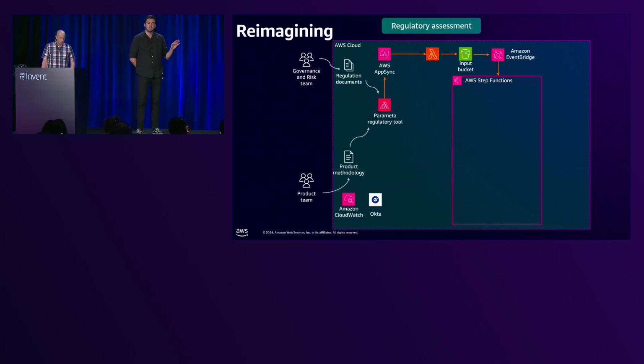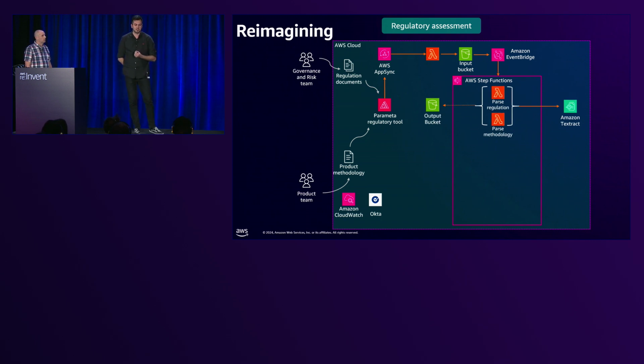So in this case, when the user submits a regulation or uploads a regulation or methodology, we then upload it into an input S3 bucket, where we then trigger this step function. Now, the step function is really where the magic happens. The first process of the step function is to differentiate between a regulation and a methodology.